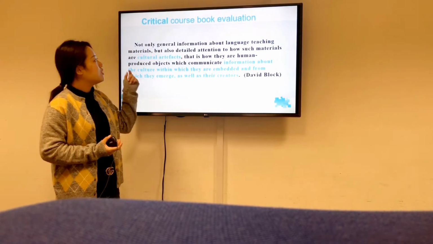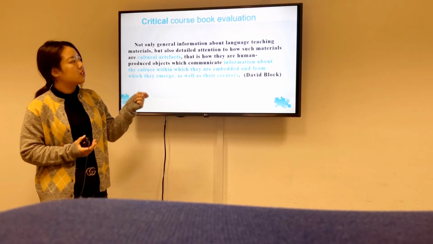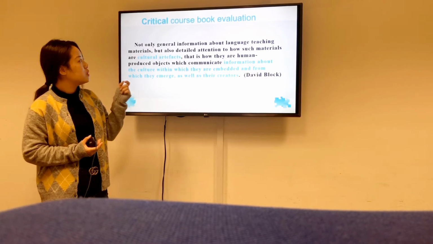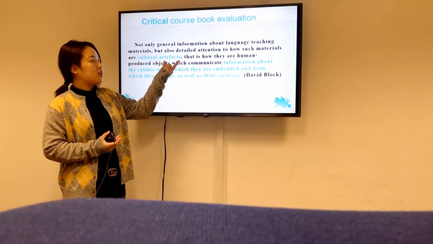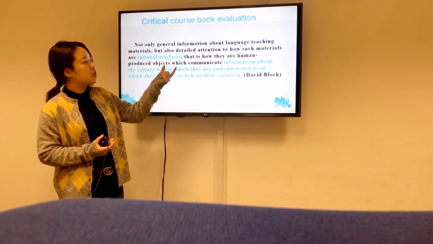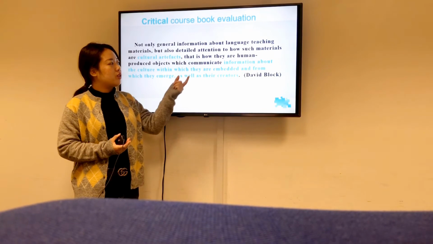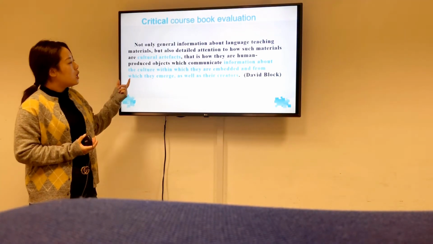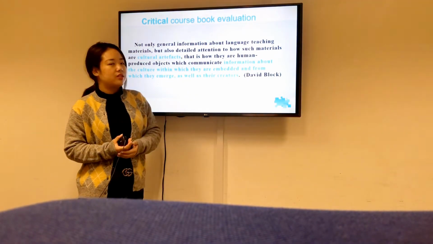That is not only general information about language teaching materials, but also detailed attention to how such materials are cultural artifacts. That is how they are human-produced objects which communicate information about the culture within which they are embedded and from which they emerge, as well as their creators.